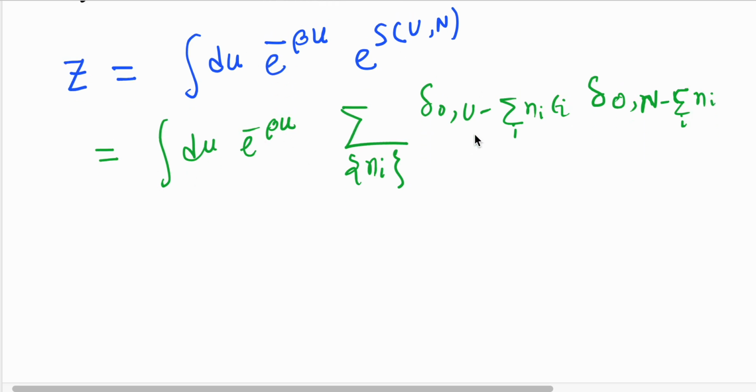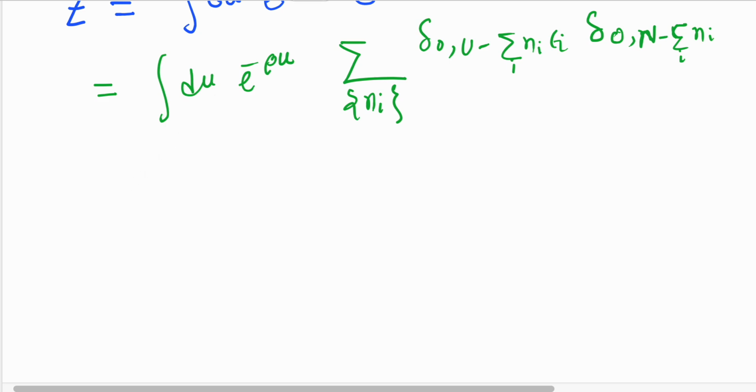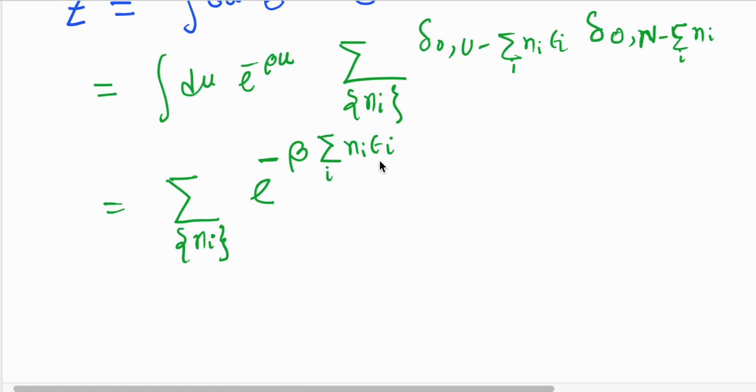Now if you integrate over dU, you will get this result: the summation over all possible combinations of particles in the ith state of e to the power minus beta times the summation over i of n_i epsilon_i, times delta(N minus the summation over i of n_i).